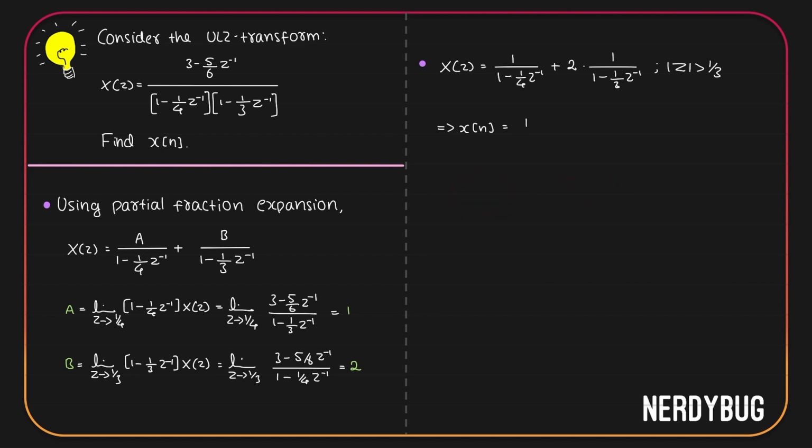Here a is 1 by 4, so 1 by 4 raised to the power n multiplied by u of n, plus 2 times 1 by (1 minus 1 by 3 z inverse). This is of the same form, but a is 1 by 3. So its inverse is 1 by 3 raised to the power n multiplied by u of n.